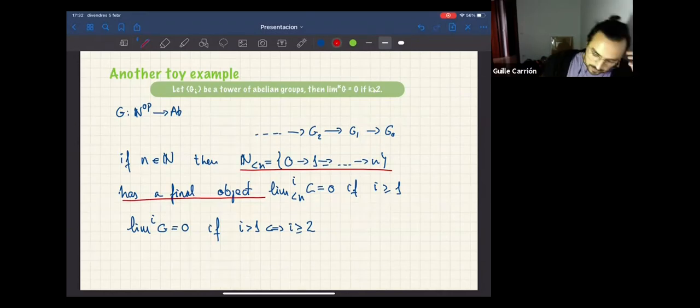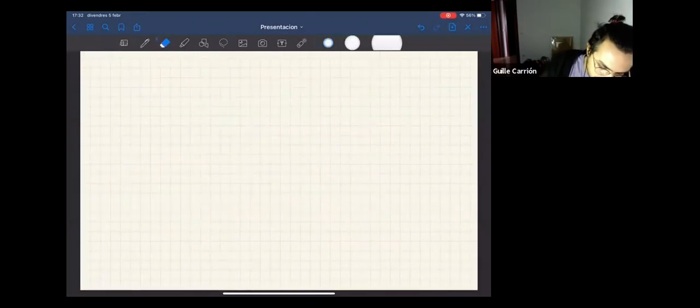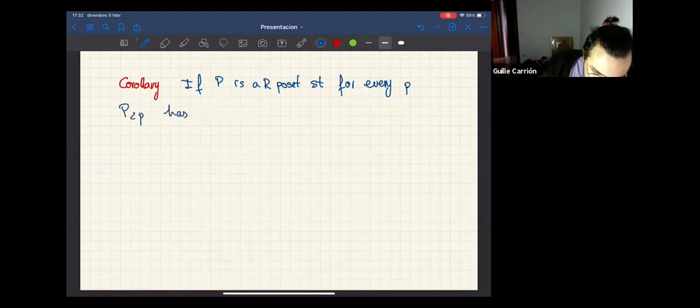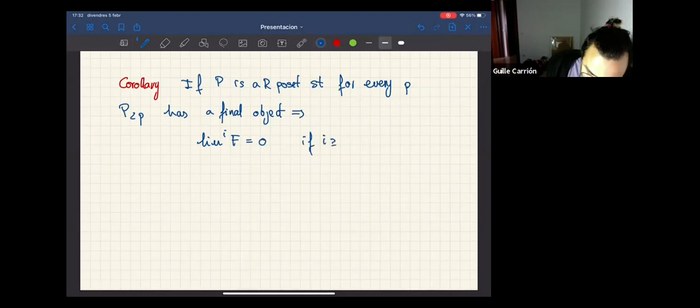So we can extract as a corollary that if P is a poset such that for every element of P this subcategory has a final object, then this limit is 0 if i is greater or equal to 2.